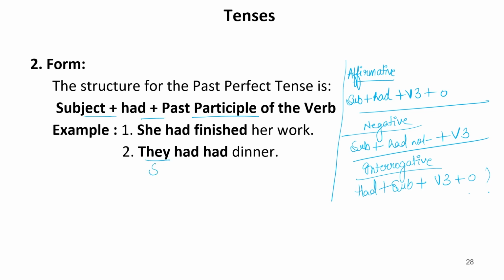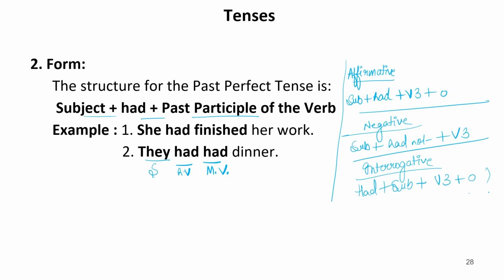Here we have they as subject, had as helping verb, and then had, this had is the main verb. So in this sentence we have used two had. The first had is the helping verb and the second had is the main verb. Why so?